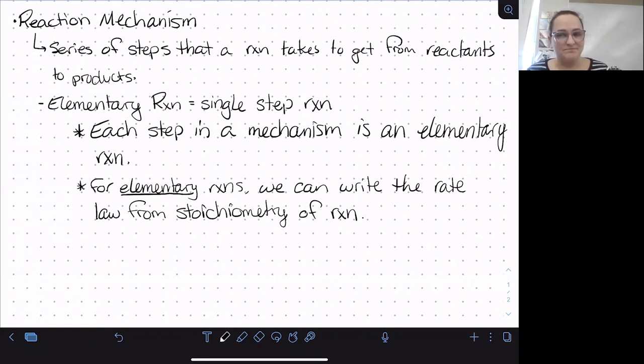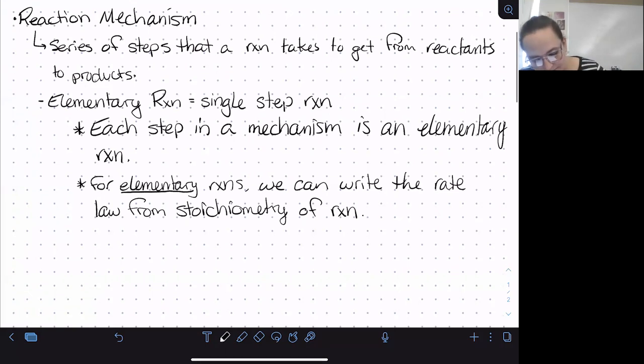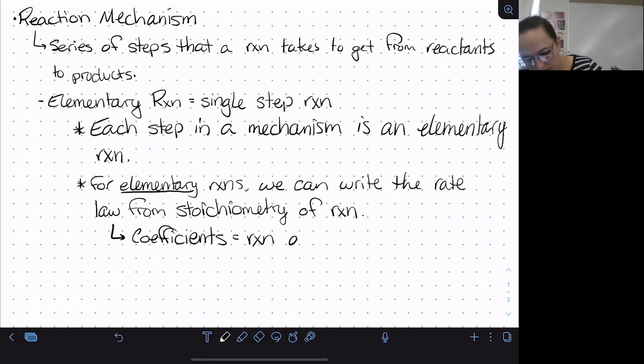So the stoichiometry doesn't always matter, but if you know that a reaction is elementary, then the stoichiometry is all you need. So the coefficients in an elementary reaction are your reaction orders for each reactant.